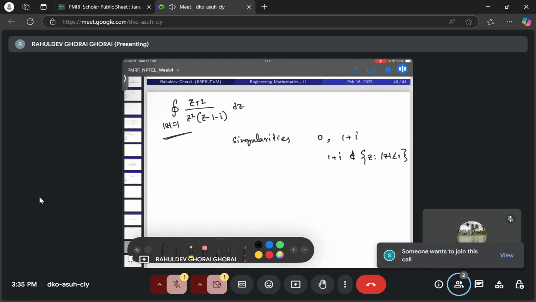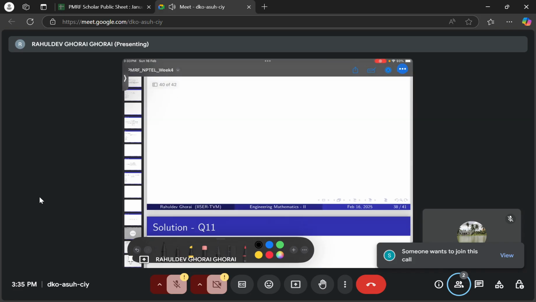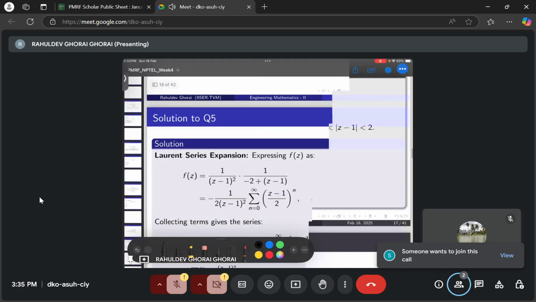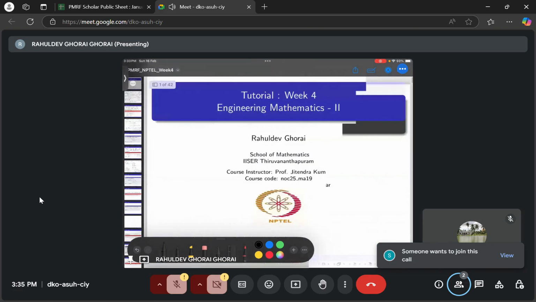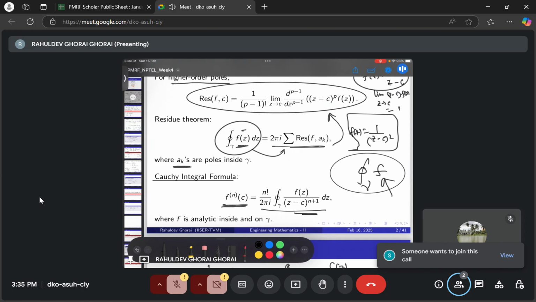So the only singularity possibility is 0. Whether that is a pole, then we can use the residue theorem. We have the Cauchy integral formula, but we have the residue theorem which is more general. The integration over gamma of f(z) dz you can write as 2 pi i times the sum of residues, right?